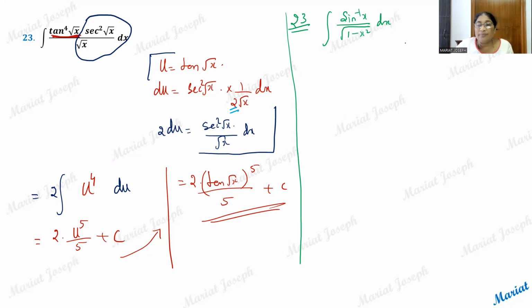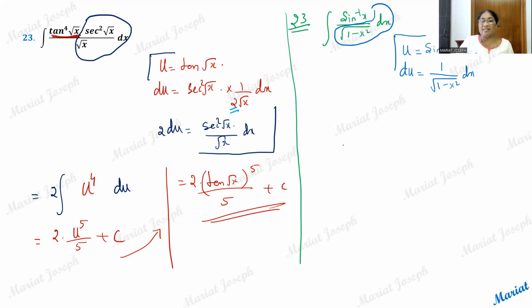Now, listen children, you can take u as sine inverse x. It is because what is the derivative of u, Ishita? Or what is the derivative of sine inverse x? Ma'am, 1 upon root 1 minus x square. Exactly. Which is what we have here. 1 upon root 1 minus x square into dx is there.